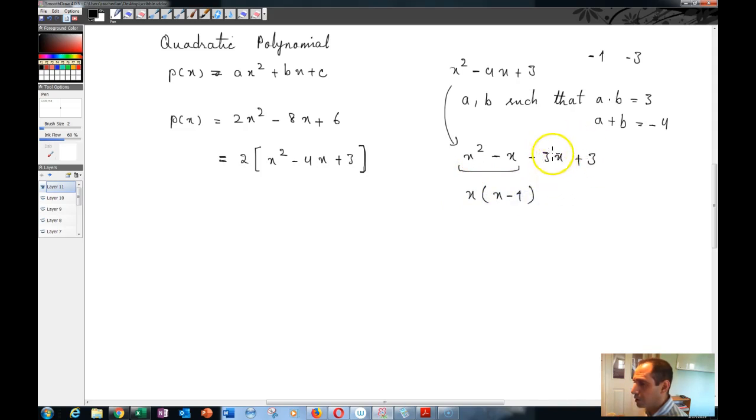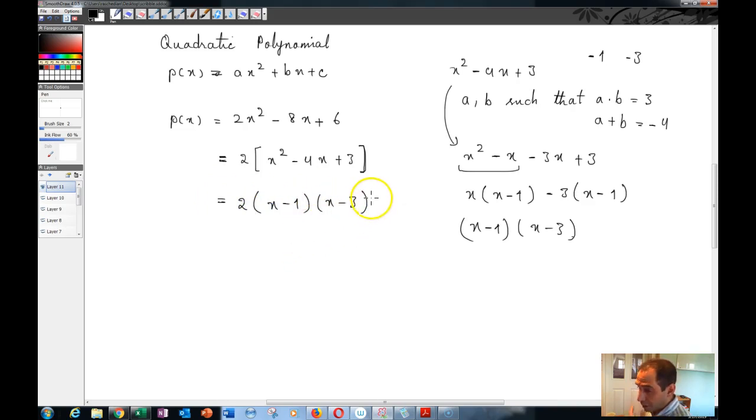And from these you can take a negative 3 out and write this as x minus 1, so that would be positive 3, negative 3x. Then you can take the x minus 1 out and write this as x minus 3. So that's x minus 1 times x minus 3. So this is equal to 2 times x minus 1 times x minus 3. Okay.